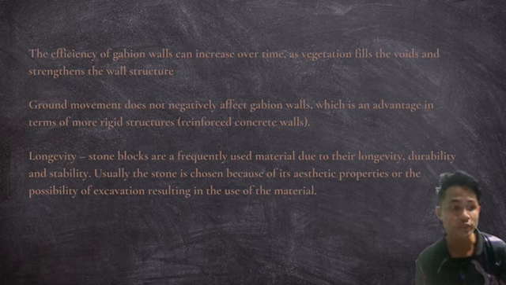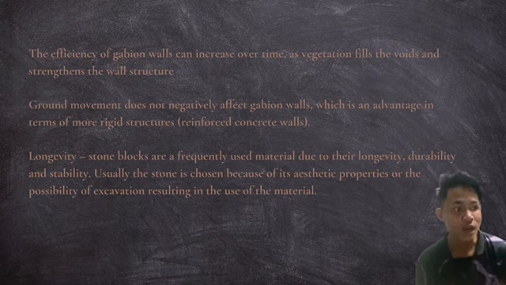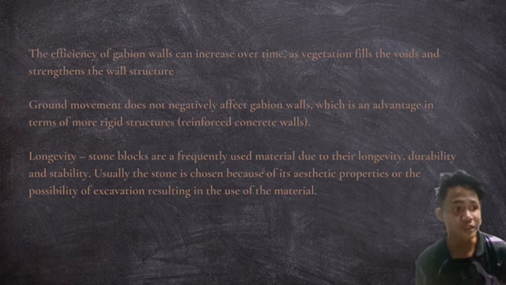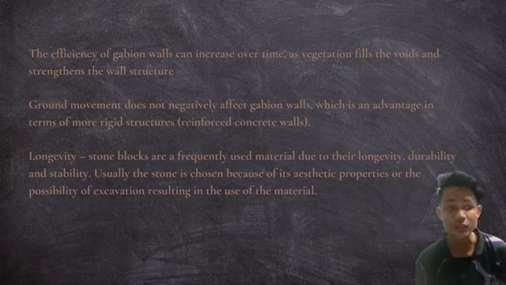And the seventh is longevity. Stone blocks are frequently used material due to their longevity, durability and stability. Usually, the stone is chosen because of its aesthetic properties or the possibility of excavation resulting in the use of the material.